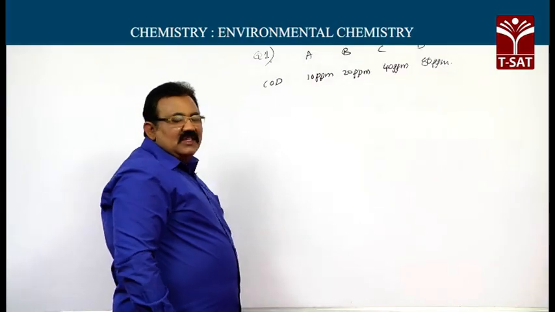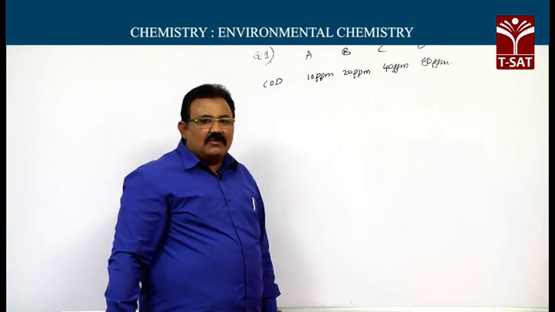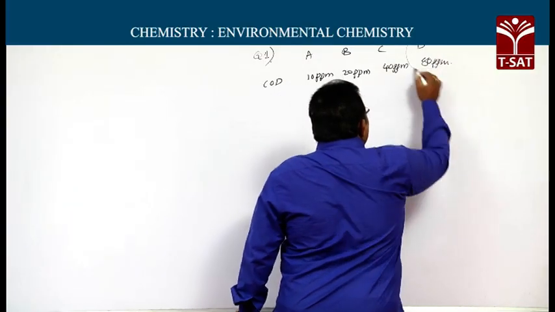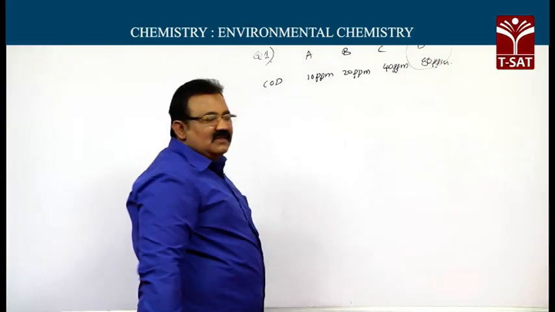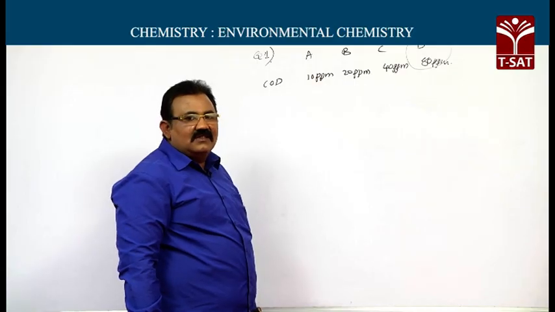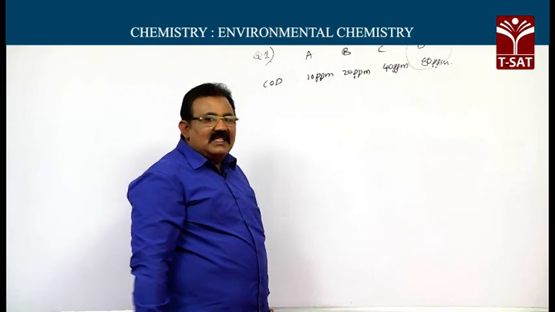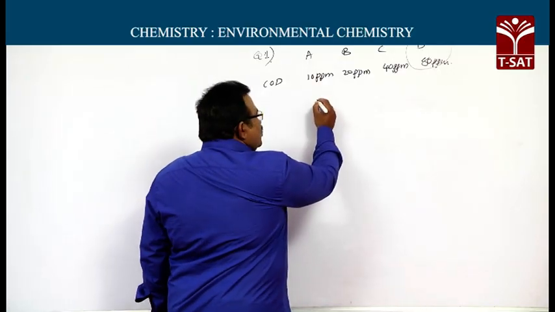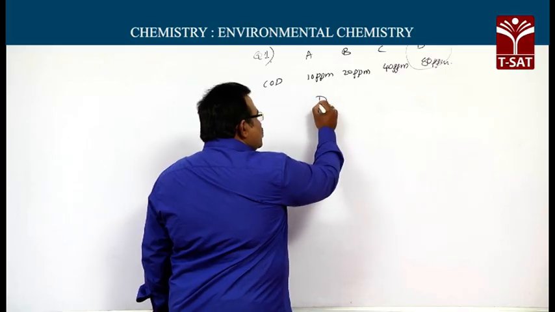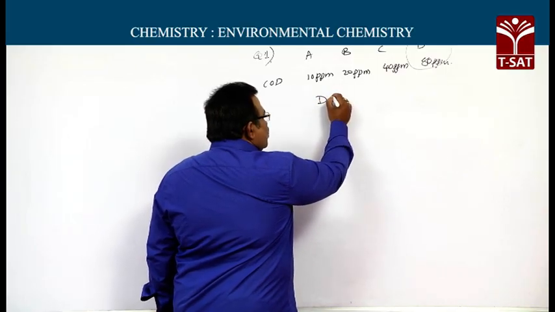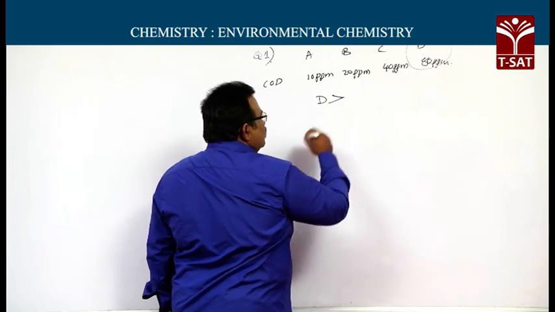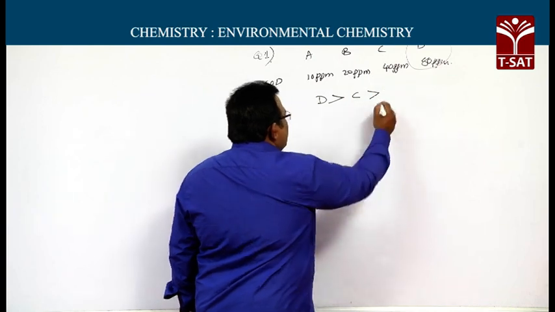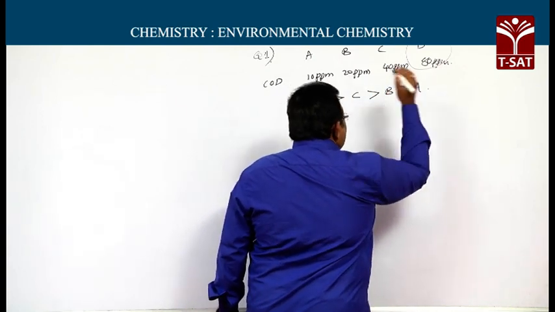As we know, COD value is directly proportional to water pollution. So, here the D sample has the highest COD, so it is highly polluted water. The order of extent of pollution among these 4 samples is: D is more polluted since its COD value is more, after that C is greater than B, greater than A.